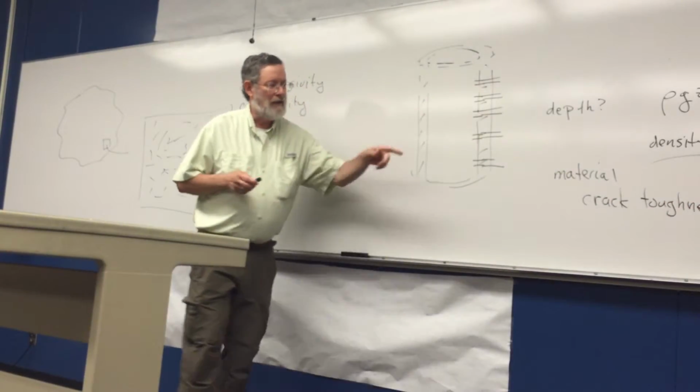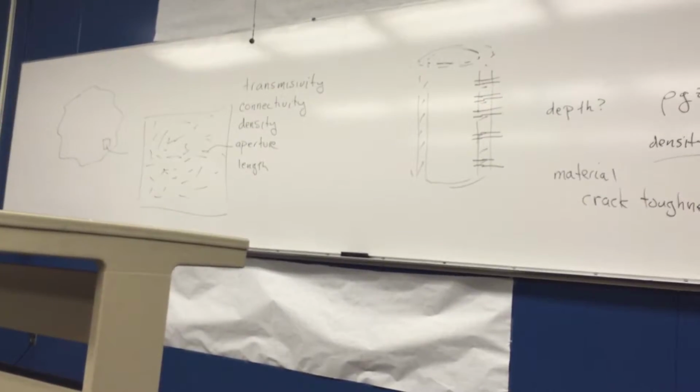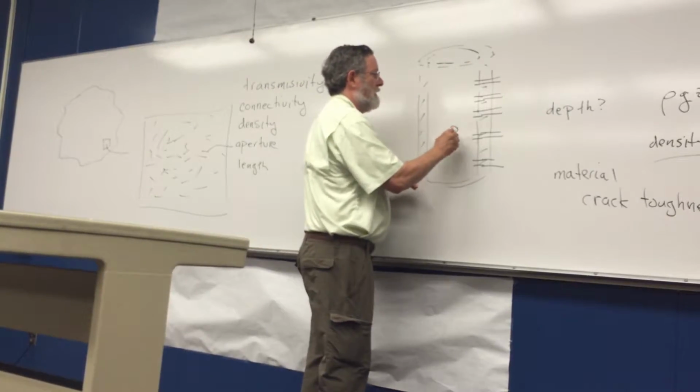How difficult is that material to fracture? Is this a really brittle material that fractures easily? Is this a brittle material that is incredibly strong? So that's going to tell us how much internal pressure I need.